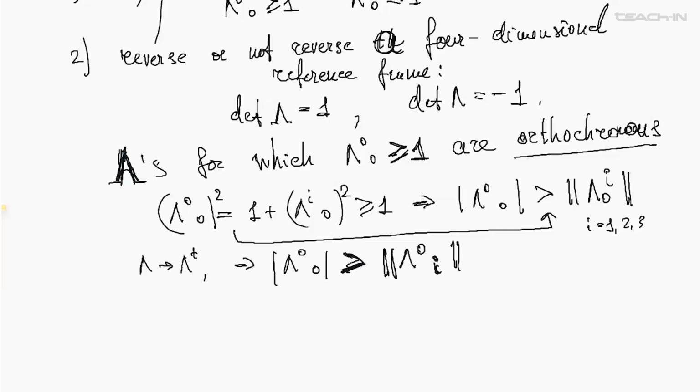But now for lambda 0 I with low index I, okay?